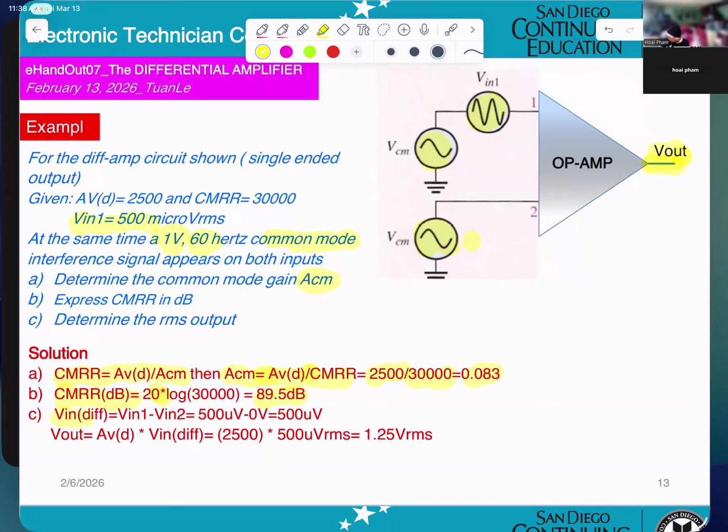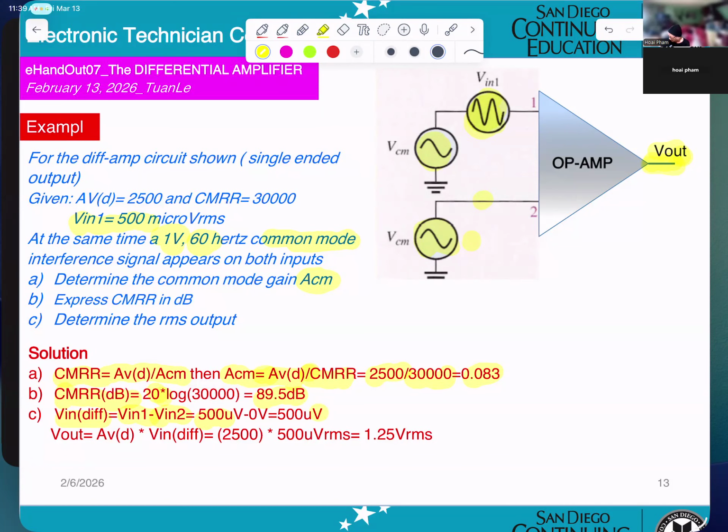V in differential equals V in 1 minus V in 2. V in 1 is 500 microvolt here, and V in 2 is 0 since we don't have an input 2. So you get 500 microvolt.